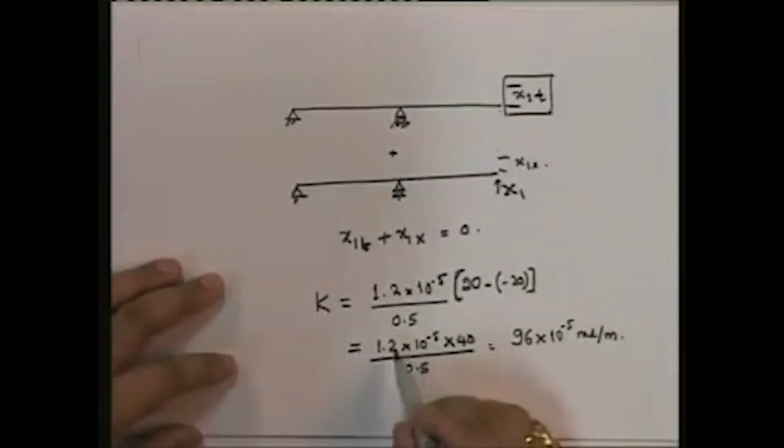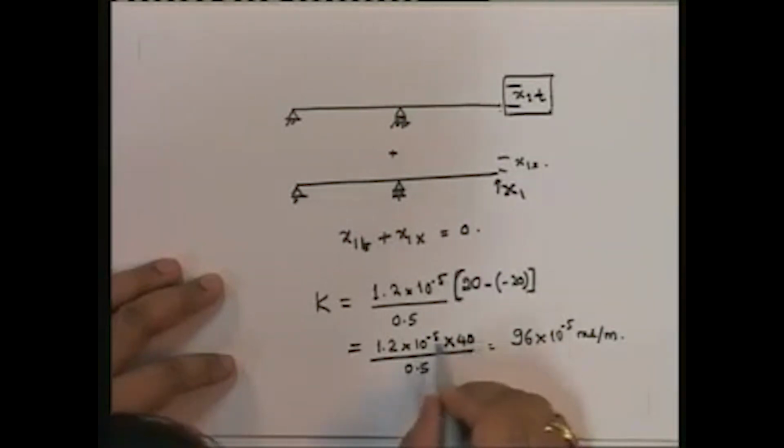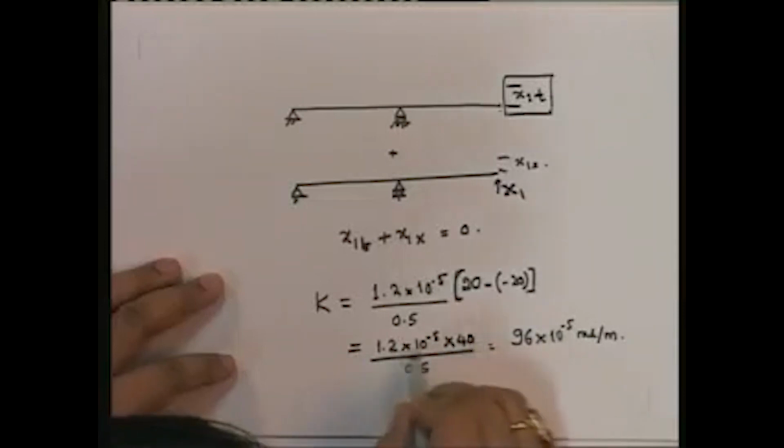You can see that the units of alpha are millimeter per millimeter per degree centigrade, so it does not really have any units. We can say per degree centigrade. Here we have 40 degrees centigrade, so that multiplies. So, the top becomes nothing, no units. The bottom is in meters.